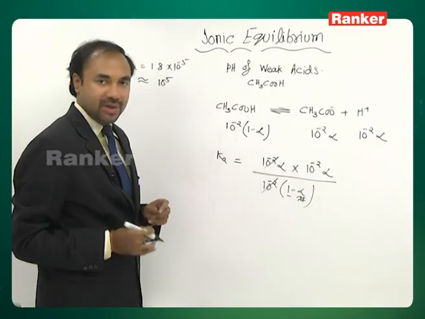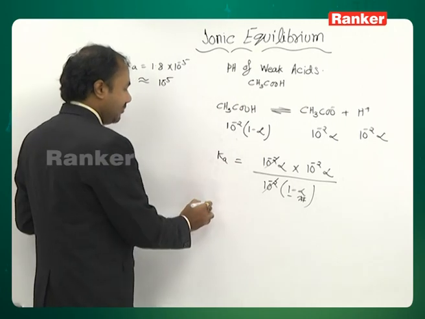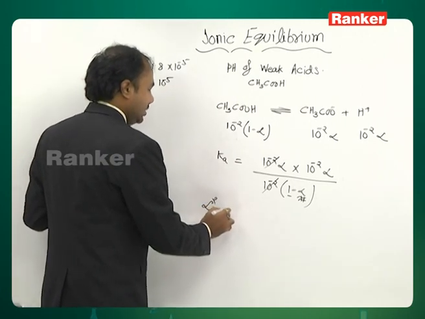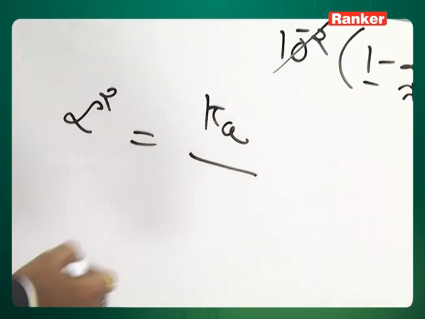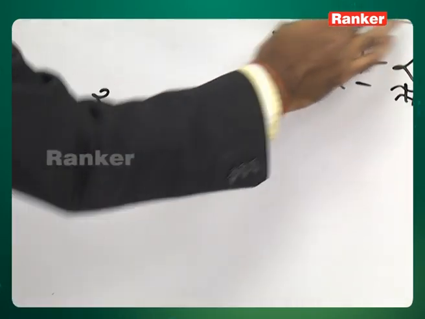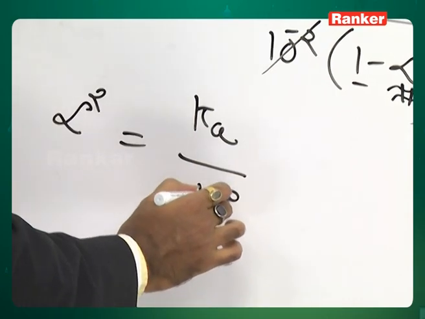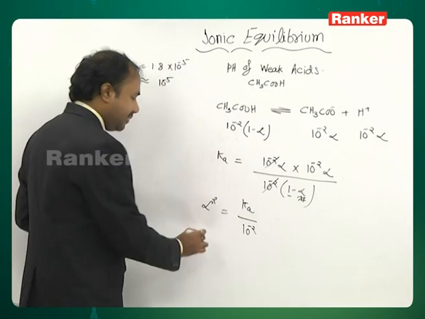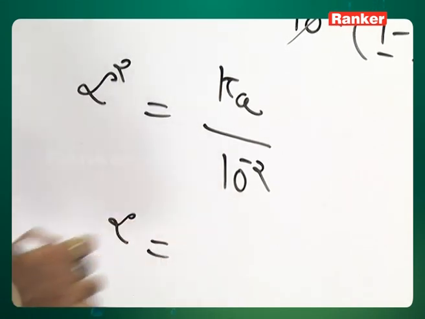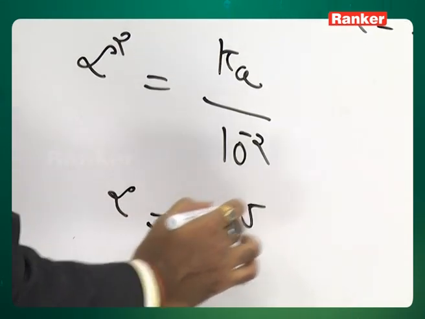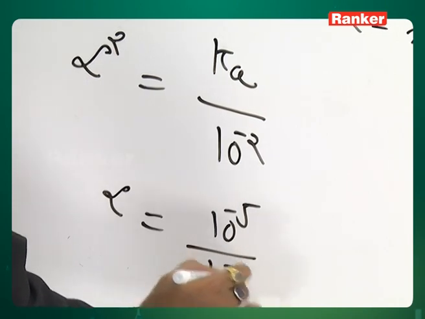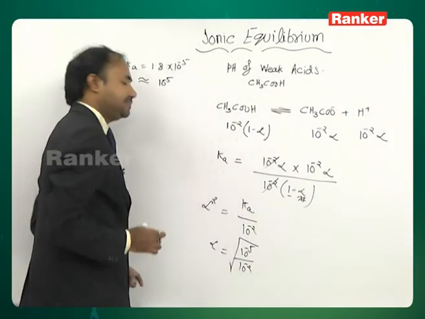If I take this approximation, we get alpha square equal to Ka by C, which is how much in this case? 10 to the power minus 2. We get alpha as equal to the square root of 10 to the minus 5 upon 10 to the power minus 2.